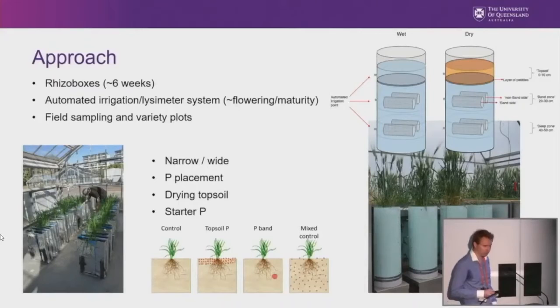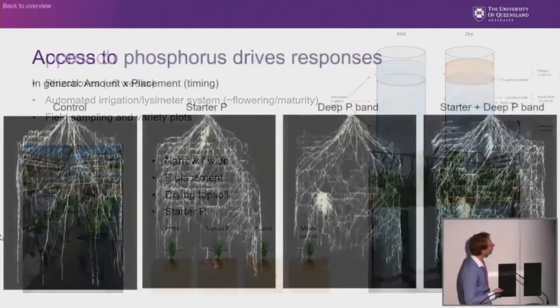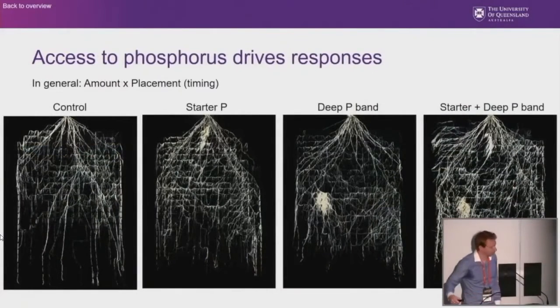So I'm hoping to give you a little bit of an impression of what I do exactly, and to tease you a little bit to think about all these issues that are actually real life problems. I think we sort of need to get out of the lab sometimes and see how stuff works in the field. Here's an example of some responses I get in my rhizoboxes where I put phosphorus as starter or as a deep band. I suppose you can guess roughly where I might have put the phosphorus.